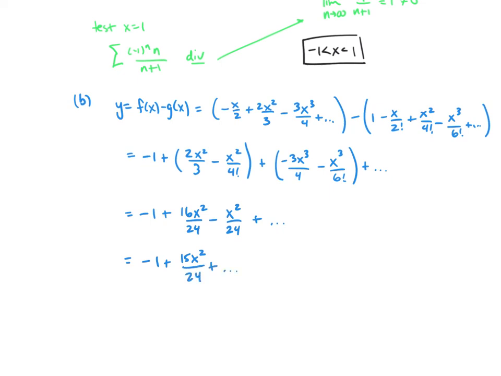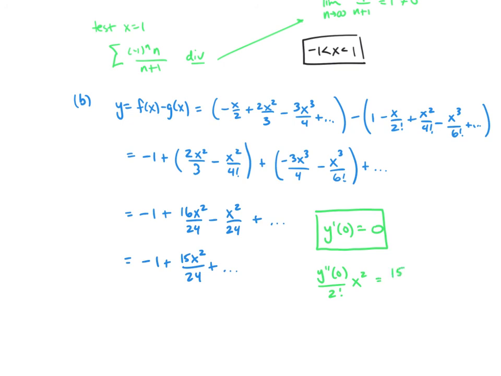All right, we're looking for specifically y prime of 0. Now notice that the x to the first power canceled, which means that y prime of 0 is 0, because the coefficient in front of x is 0, and therefore the first derivative would be 0. And then I have y double prime of 0 divided by 2 factorial times x squared as a general term.